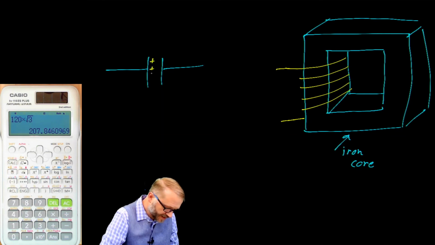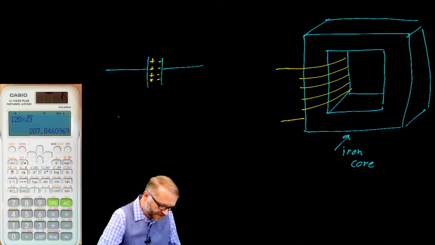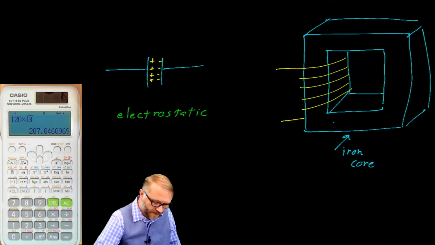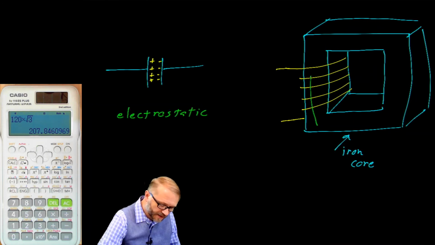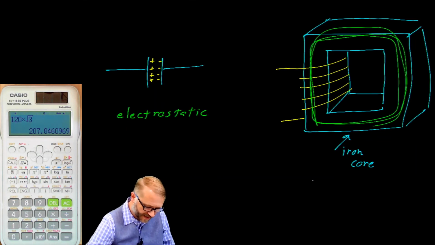So we'll see that charges build up on the plates of those capacitors, but those charges cannot recombine because the dielectric is an insulator. What we just described is an energy storage mechanism via electrostatic, whereas in the inductor, a current flowing in the wire establishes a magnetic flux, and that is an electromagnetic storage.